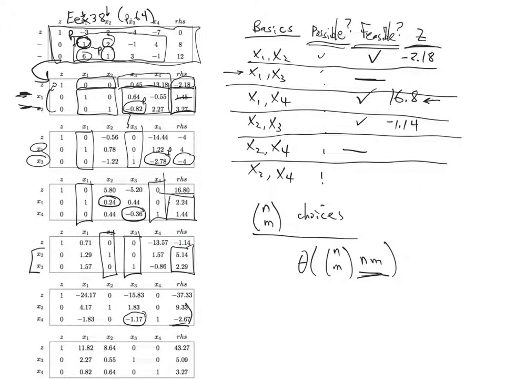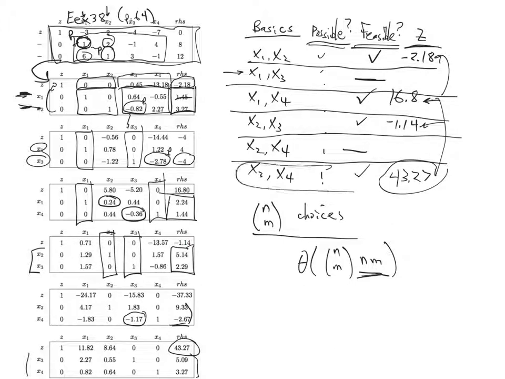Oh, I guess it's scrolled up enough now. Okay, so the x3 and x4 has 2 positive values, and it's got a z-value of 43.27. So this is feasible, and the z-value is 43.27. So because this is the winner of all the feasible ones, it's the biggest. So this is the winner.